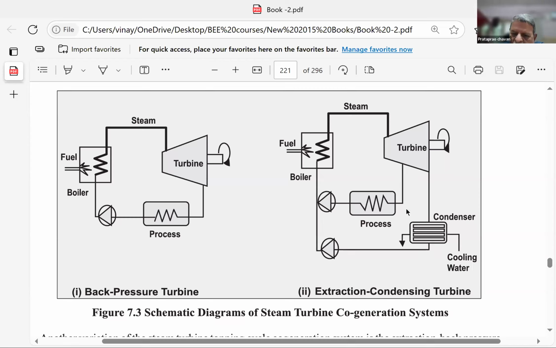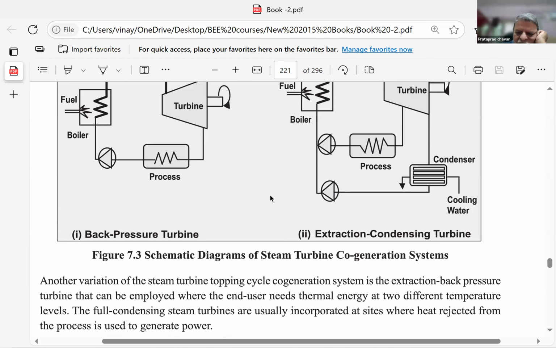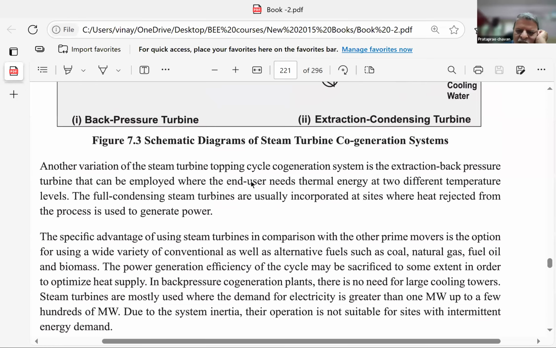If there are a number of extractions, steam can be tapped or extracted at this point as per the requirement of the process. As many pressure and temperature points as you want you can have from the turbine before the steam is allowed to go to the condenser. You got the concept clear? So it is a back pressure turbine, or an extraction condensing turbine.